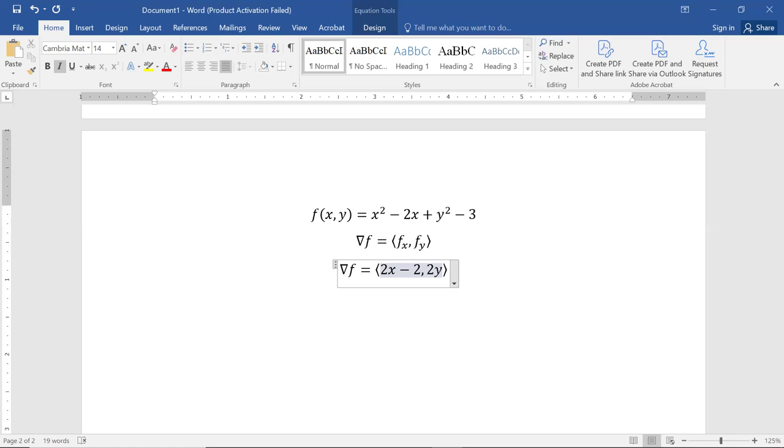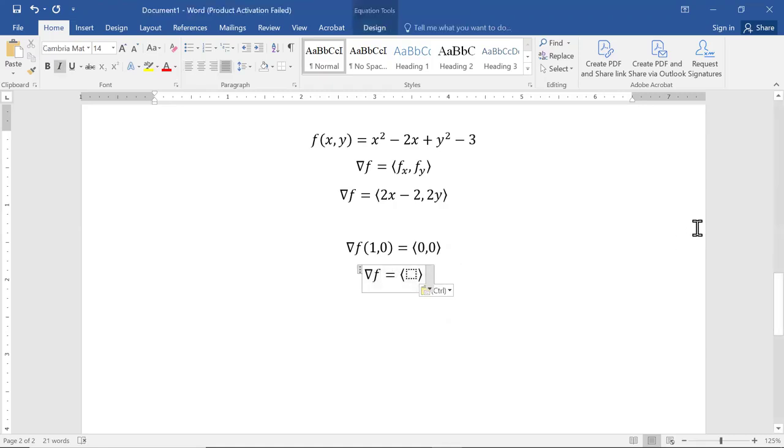Now we can calculate the gradient at various values. For instance, if I want to find the gradient at the point 1, 0, I'm just going to plug in 1 into x, 0 into y. And if you do that, we get the gradient at 1, 0 is the vector 0, 0.